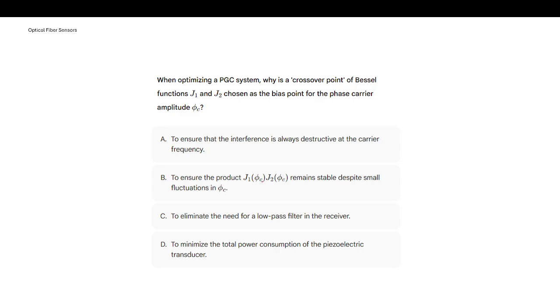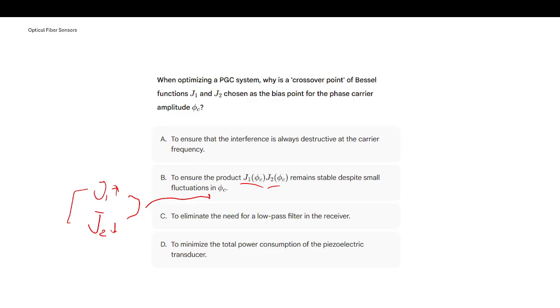So what is happening in this? The option ensures the product of J1(phi c) and J2(phi c) remains stable despite small fluctuation. If J1 increases a little bit, J2 changes in such a way that it will decrease a little bit. So the product of both, despite the small fluctuations, will be constant.